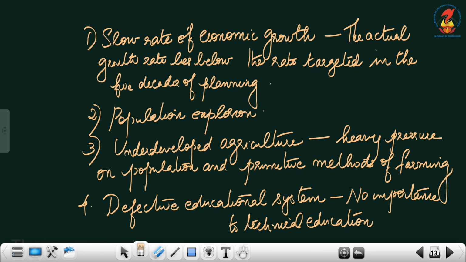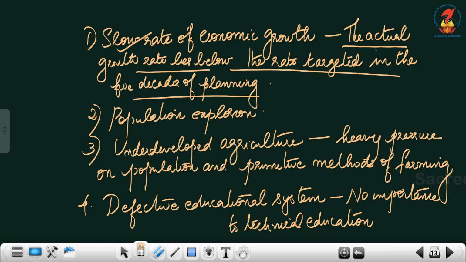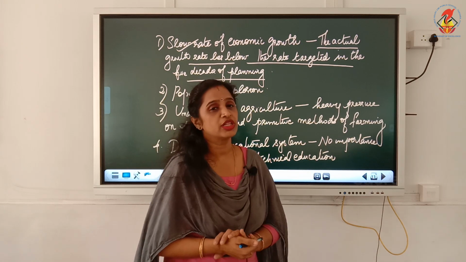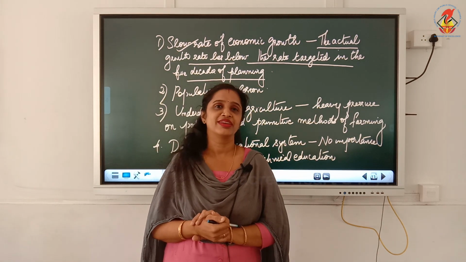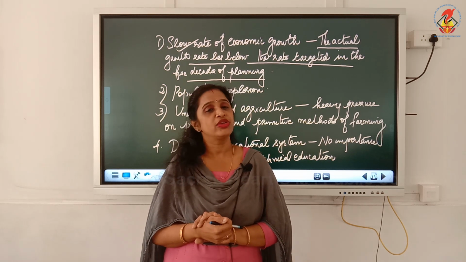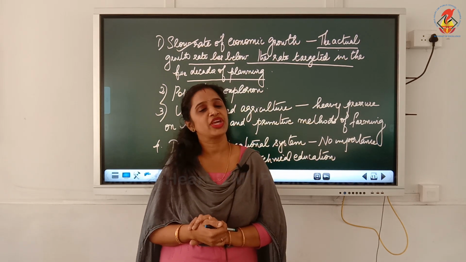Point number one is slow rate of economic growth. The reason is the actual growth rate lies below the rate targeted in the 5 decades of planning. Now, you know, when the planning commission was formed, what was the main objective of planning? In the objective of planning, you have learned about the goals of the 5-year plan.